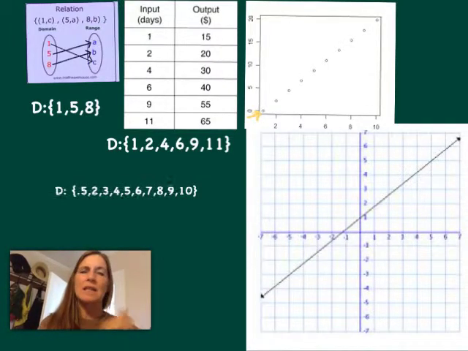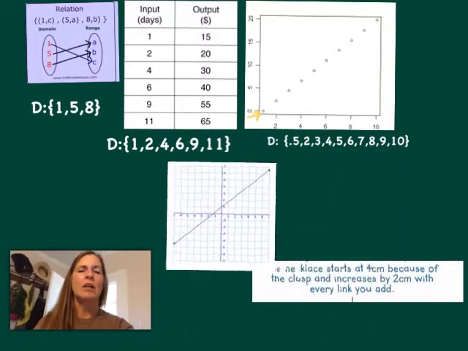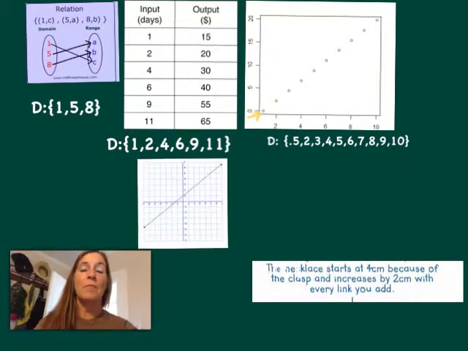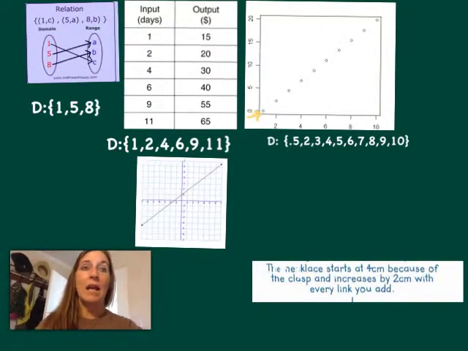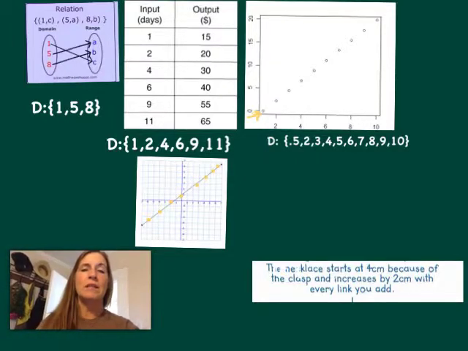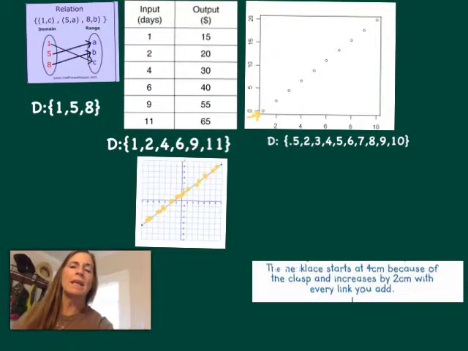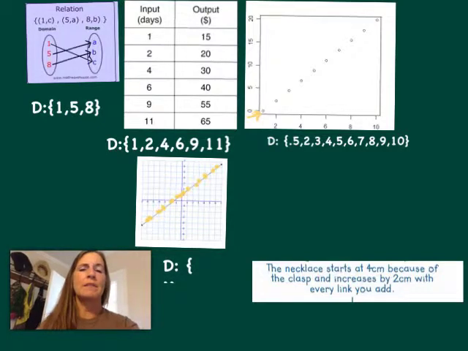On this continuous line, you can see that the domain or the x values could be any number along this line. We would think of this line as a bunch of points just conjoined together. So we would say that the domain is all real numbers on this number line.